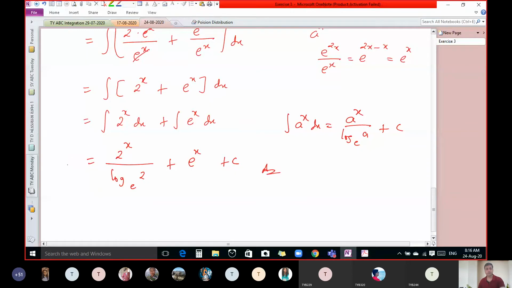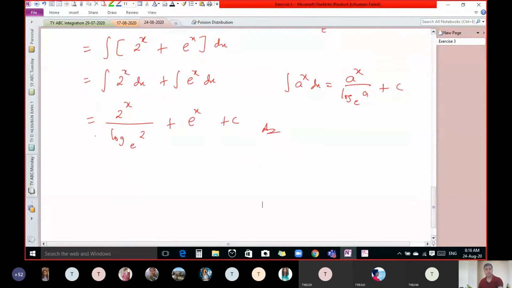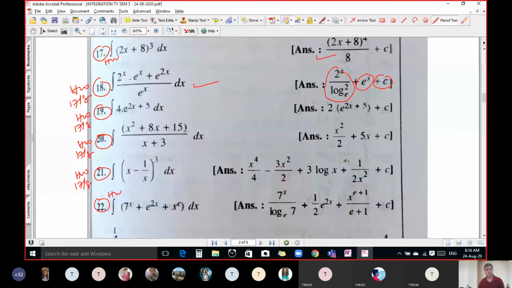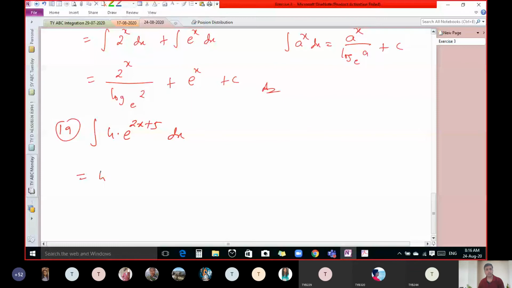Let us do 19. That is also a simple question. Integration of 4 into e raised to (2x plus 5) dx. So first of all, take this 4 outside.